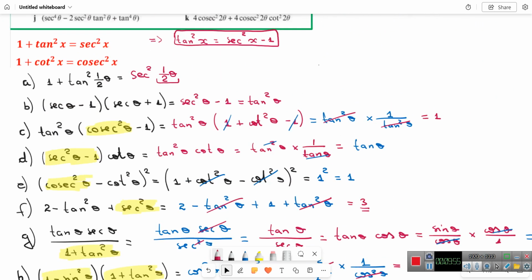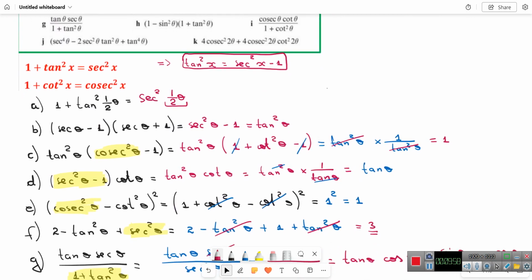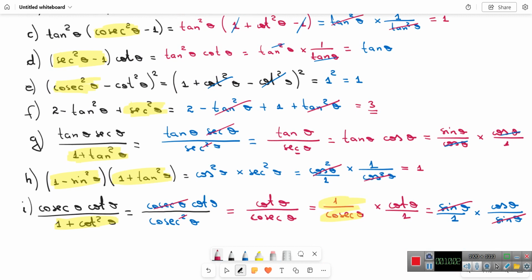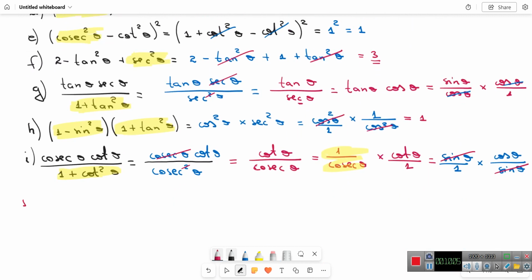Okay, let's see J. For part J, if I copy this down, it's sec to the power of 4 theta minus 2 sec squared of theta tan squared of theta plus tan to the power of 4 theta.